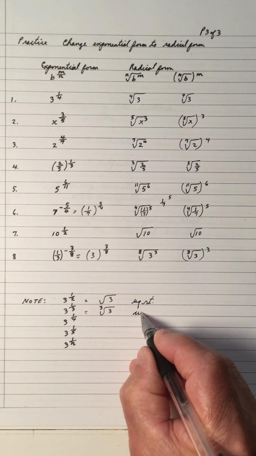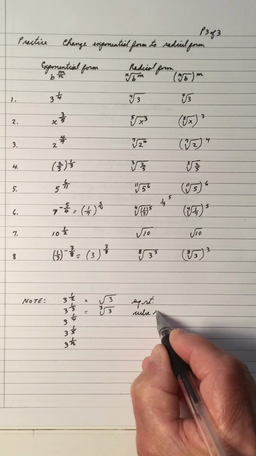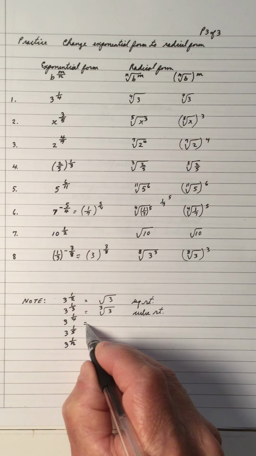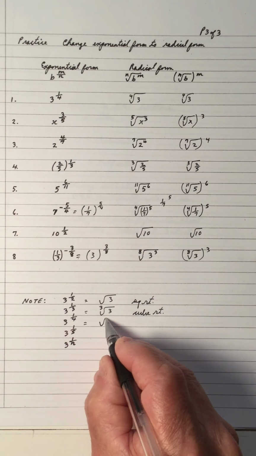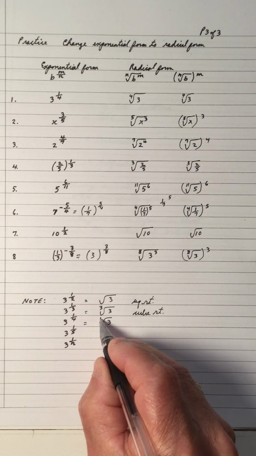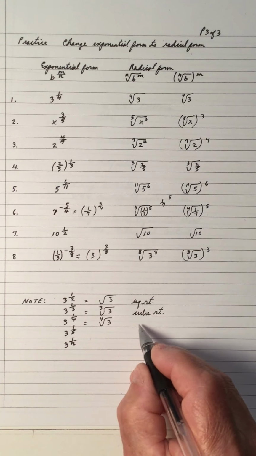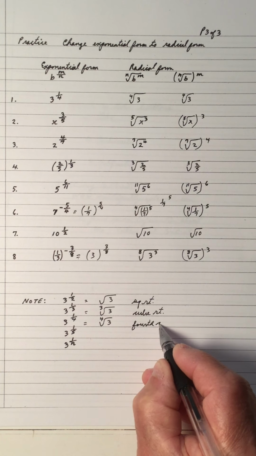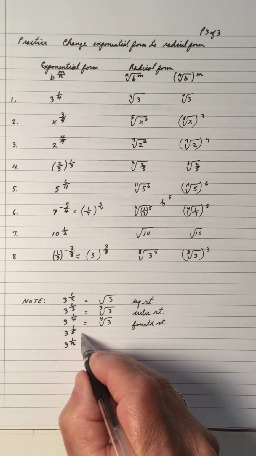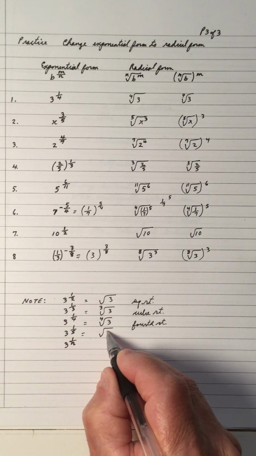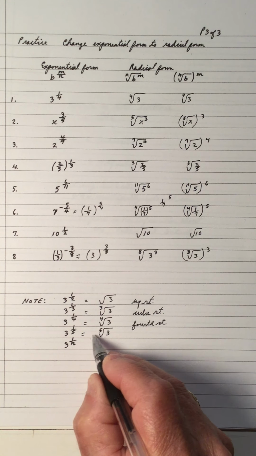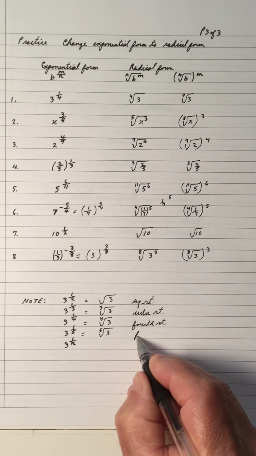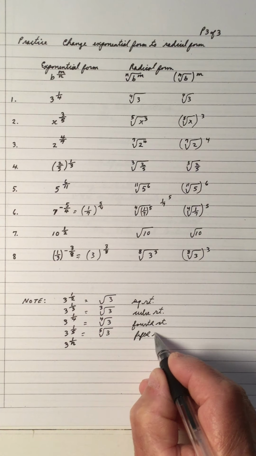And we have 3 to the 1/4, the base is 3, the root is 4 and 1, that's what they call the 4th root. And we got, again, 3 is the base, 5 is the root raised to the 1 power, that's the 5th root.